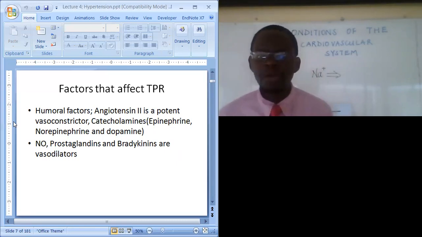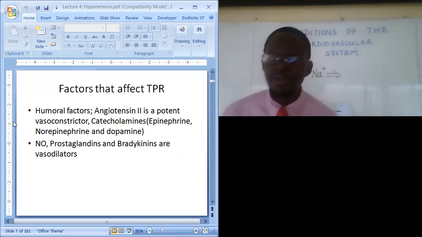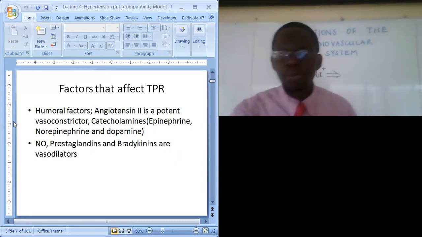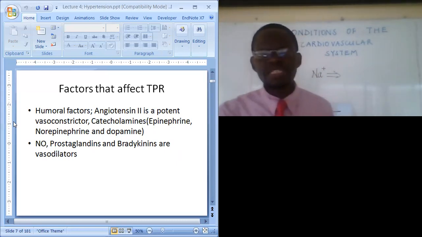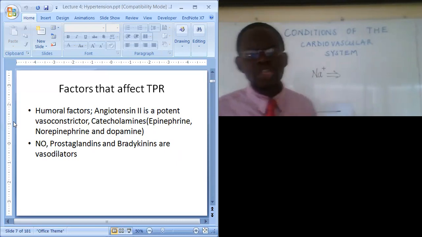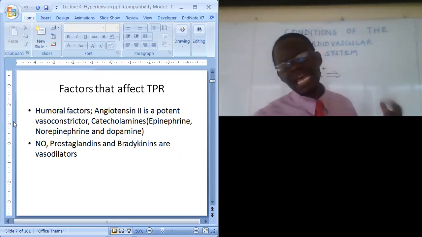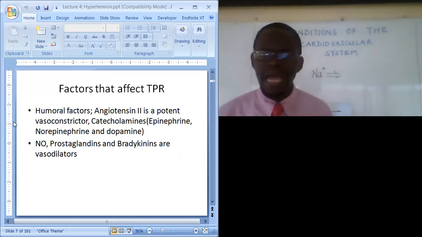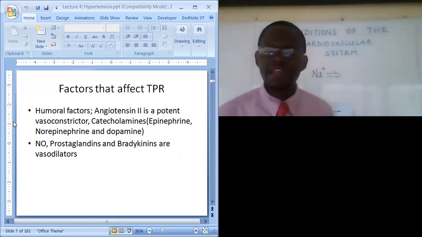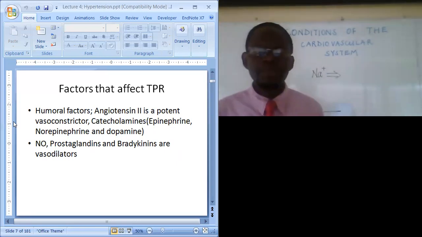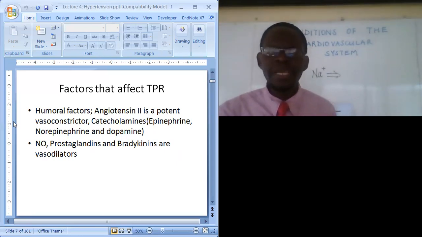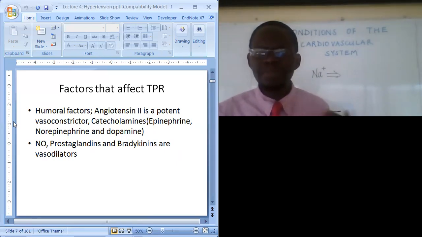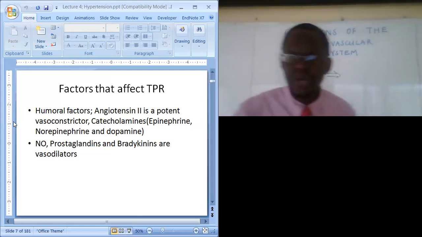This also influences the total peripheral resistance, which will in turn influence the blood pressure. We also have catecholamines, things like epinephrine, which is released by the adrenal medulla, and norepinephrine and dopamine. All these are catecholamines that are secreted and influence the blood pressure.